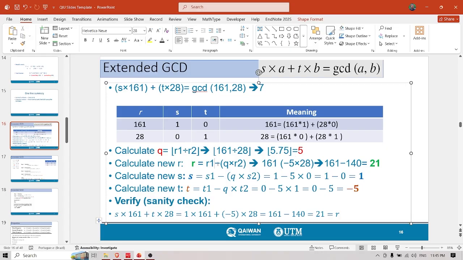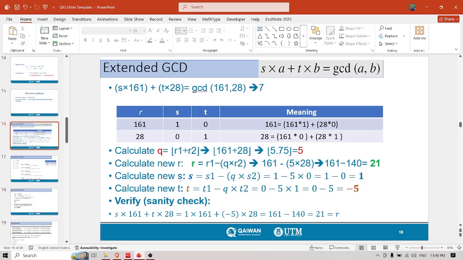However, it had the minus in here, so that minus is from there. Also, you can just neglect it and make it this way. For example, it would be the same. Now 5 multiplied by 28 would be 140, and 161 minus 140 would be 21. Now we got a new R.